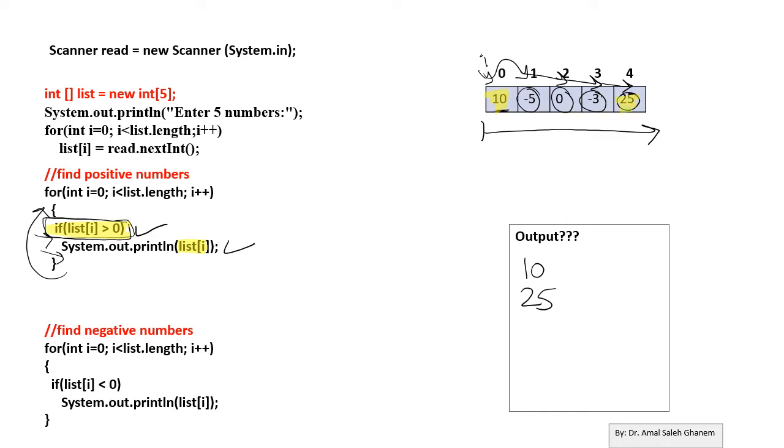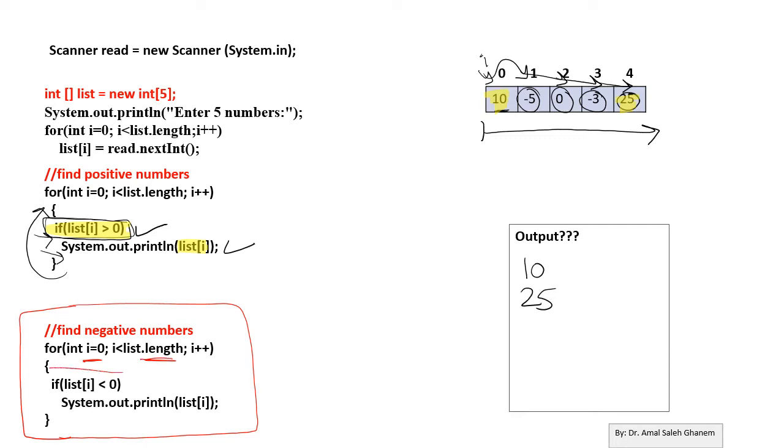Now the second part of the program says once you are done with the positive numbers, go and do the output of the negative numbers. That's why I need another for loop to do the output of the negative numbers only, and that's why we have this statement, which says again go from the beginning till the end of the array.